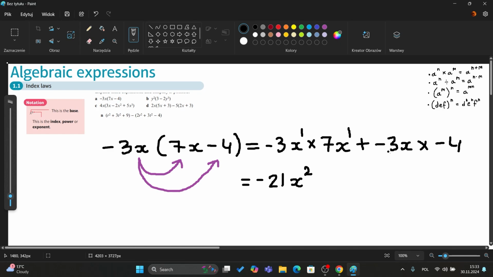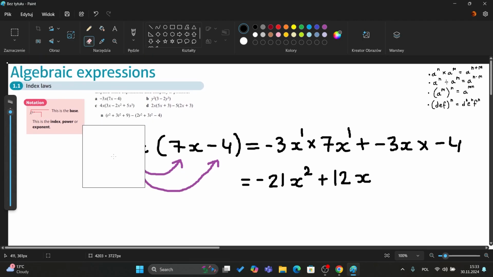And now we do the second part, where minus 3x gets multiplied by minus 4, and minus 3 times minus 4 is plus 12. There is nothing to multiply with x, so we just leave the x. So it's minus 21x squared plus 12x.